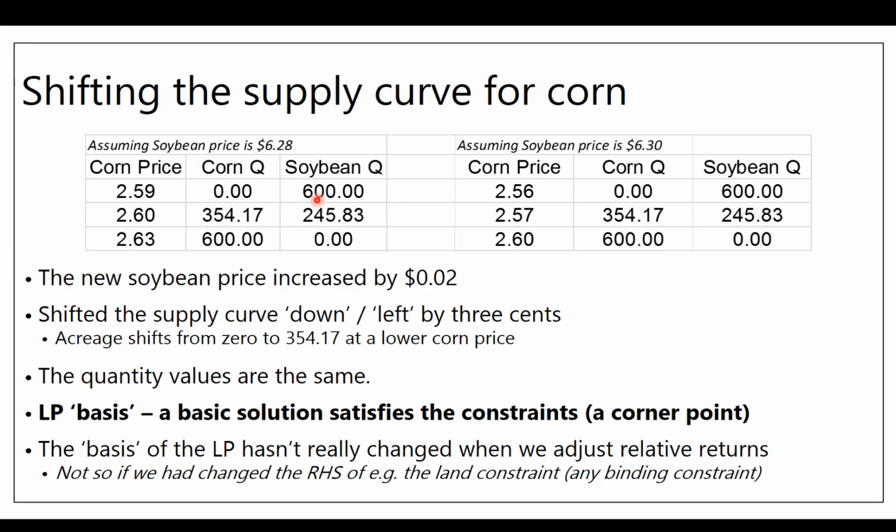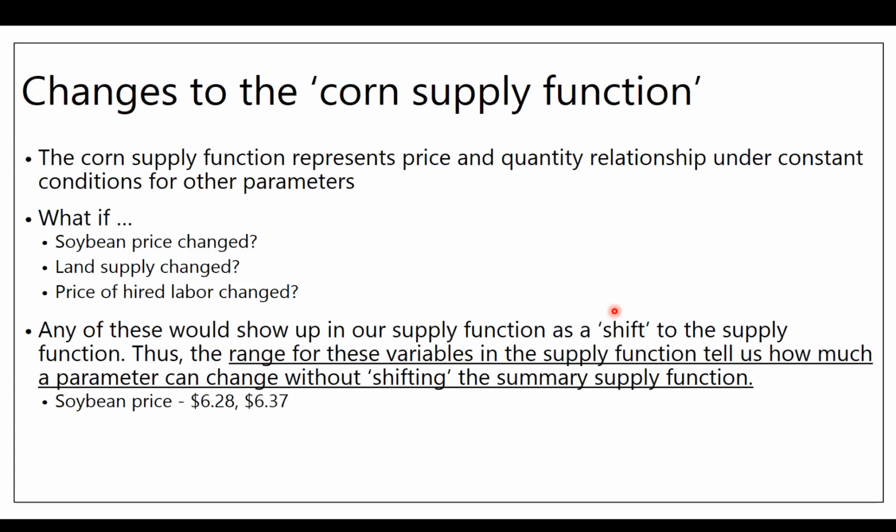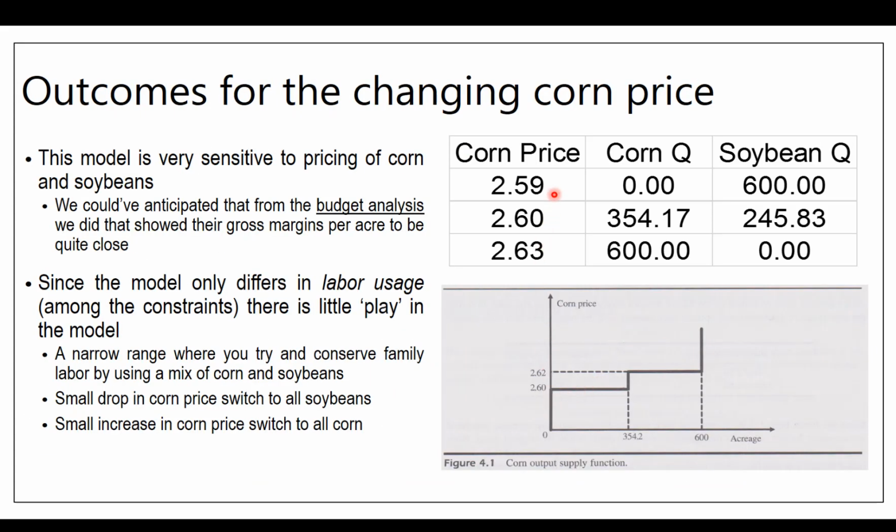And so that means that the corner points between corn and soybean stay the same. The schedule looks the same. It's just now you need lower corn prices to compete. So this is when the soybean price is 628. Sorry about that. And so you get that shifting down. So let's look back at our graph where it's easiest to tell. So this is our base solution.